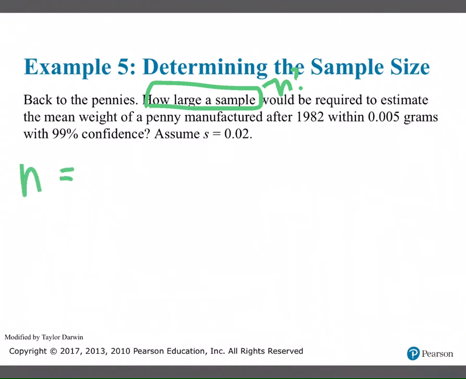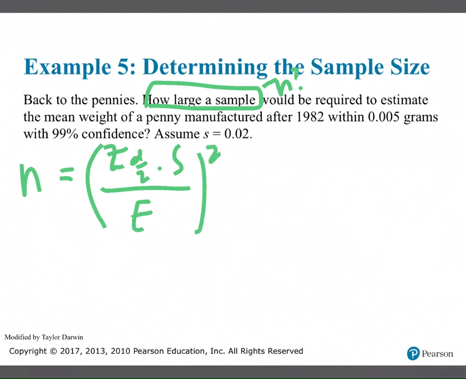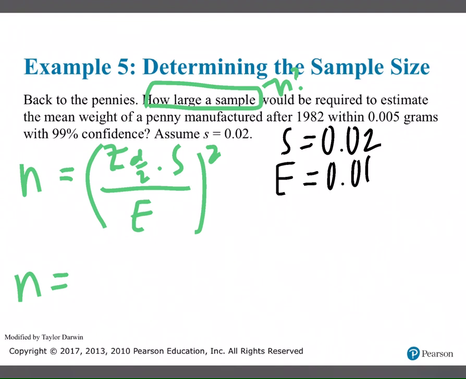It is N is equal to Z alpha divided by 2 times S divided by E squared. So our S is 0.02. Anytime you're given something that says within, that's a margin of error. So 0.005 is E. So we just need to find Z of alpha divided by 2.